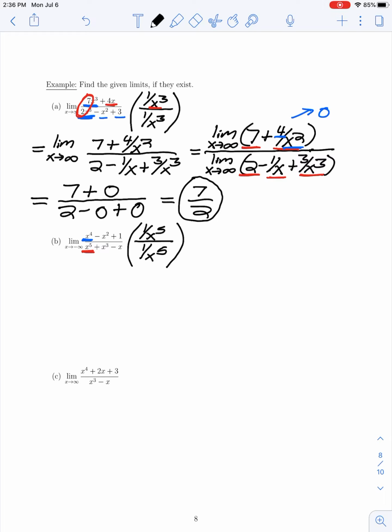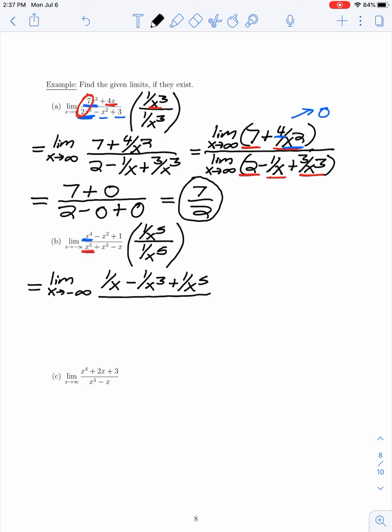Or equivalently, divide top and bottom by x to the fifth. So we have the limit as x approaches negative infinity of, for our numerator, x to the fourth over x to the fifth, which is 1 over x, minus x squared divided by x to the fifth, which is 1 over x cubed, plus 1 divided by x to the fifth.